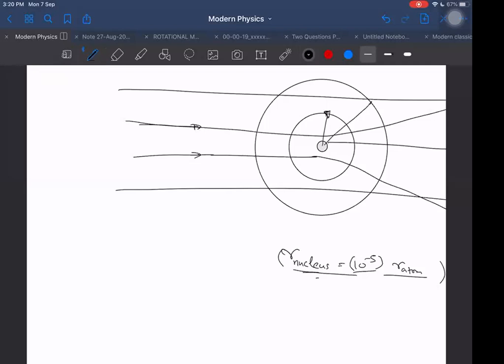So he did not only tell us about the small size of the nucleus, he told one more thing, that the electrons are revolving around the nucleus in circular orbits. So what are the things that Rutherford told us?